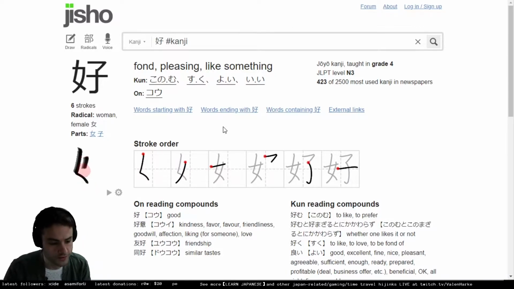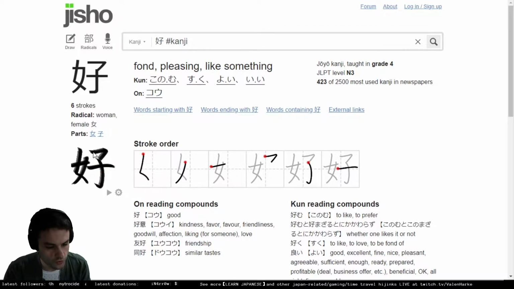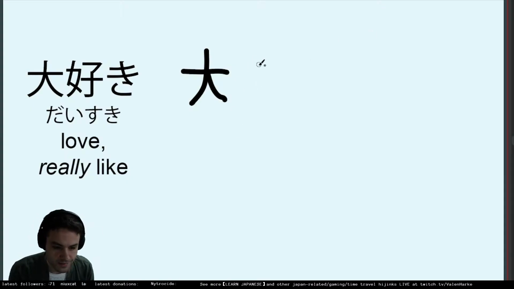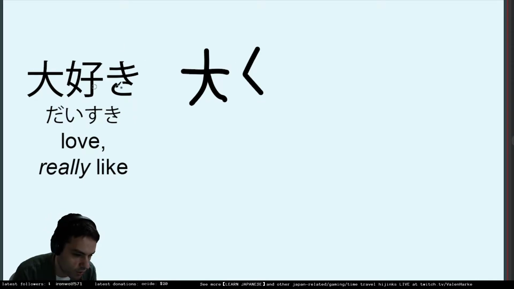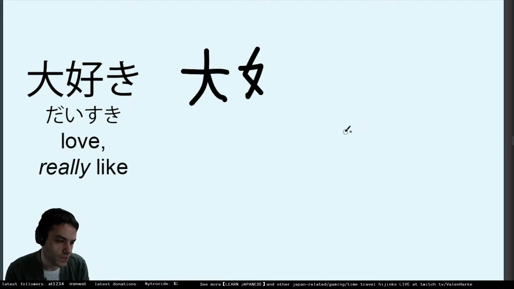Let's check the strokes. Look at that. Fairly simple. We've done this one before. Cool. Let's stroke it out, okay? Daisuki, right? We wrote dai, and now we're gonna do this part, right? And see, if you look at this font here, it looks like it's all one, but technically these are 2 different strokes, okay?